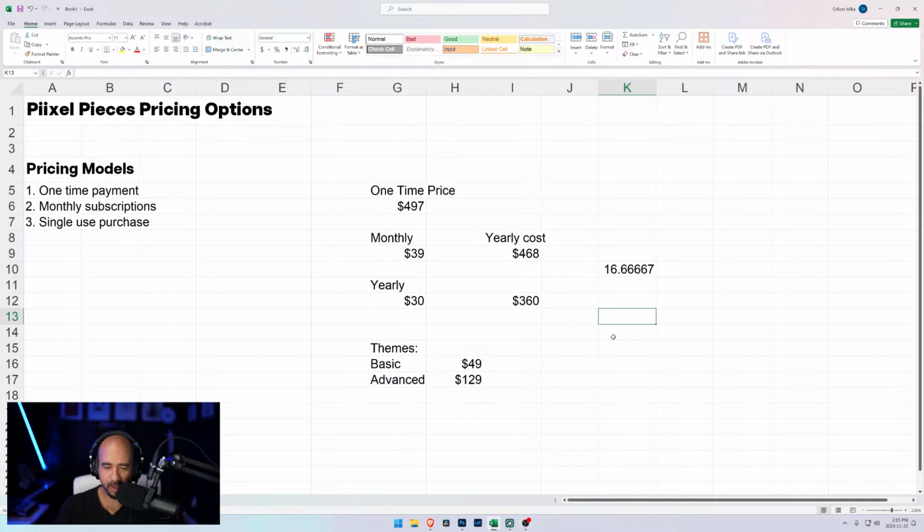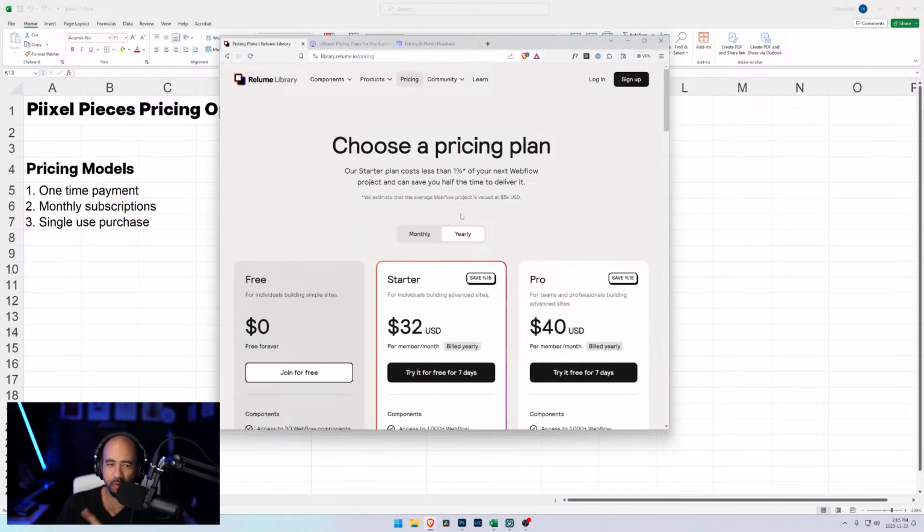So let's just say if you were going to go over a year with a subscription pricing plan, after a year, and then if you go for a year 2, then it would be cheaper for you if you just pay once, right?